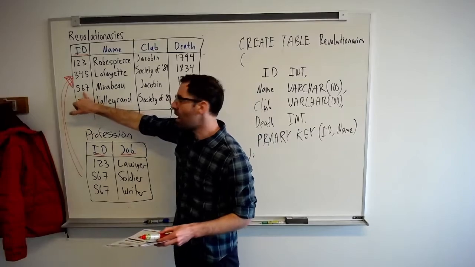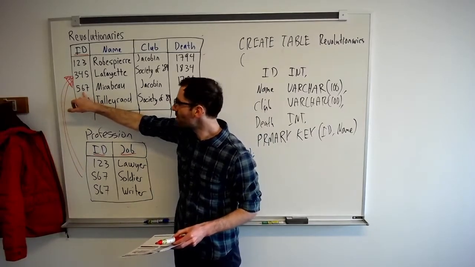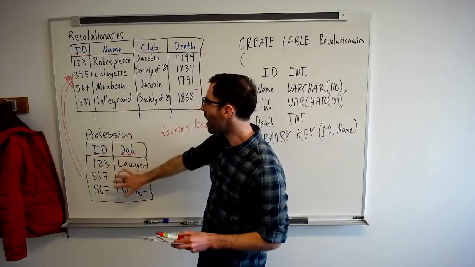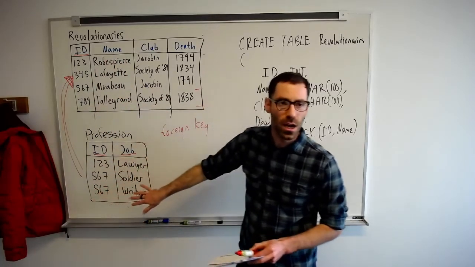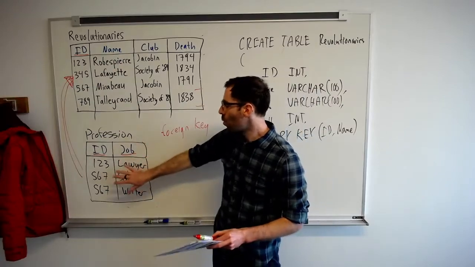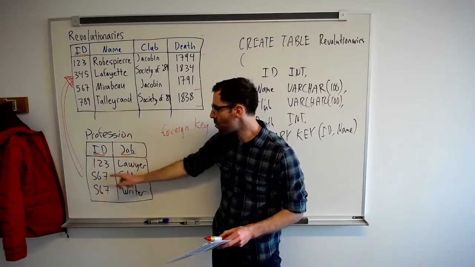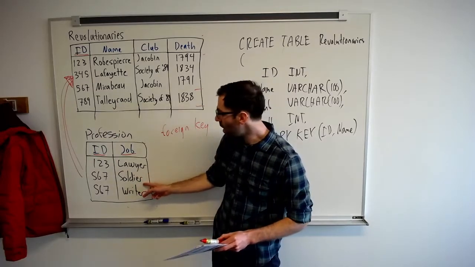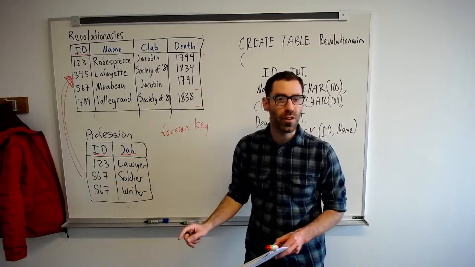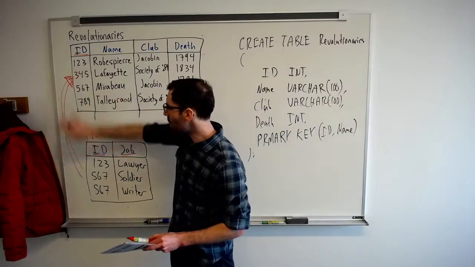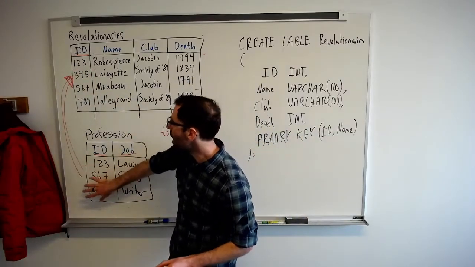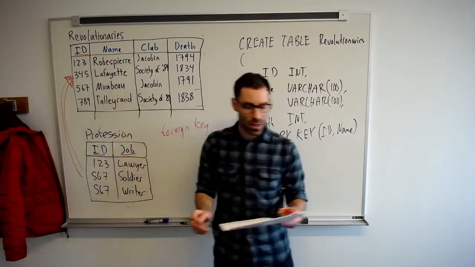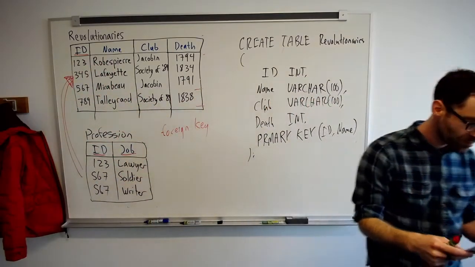The ID for Mirabeau, 567, does not uniquely identify a tuple in our profession table. So the way these tables are constructed, where we're using this profession table to capture the fact that certain entities have multiple professions, tells us that profession has a foreign key that references revolutionaries, because that's the direction that the uniqueness goes.